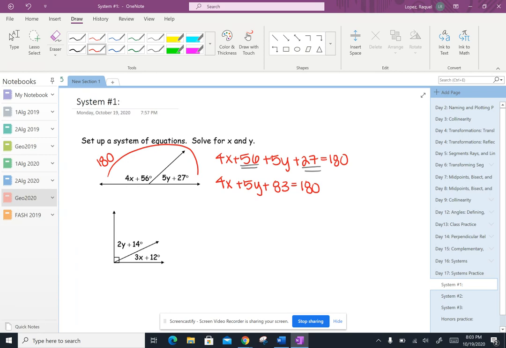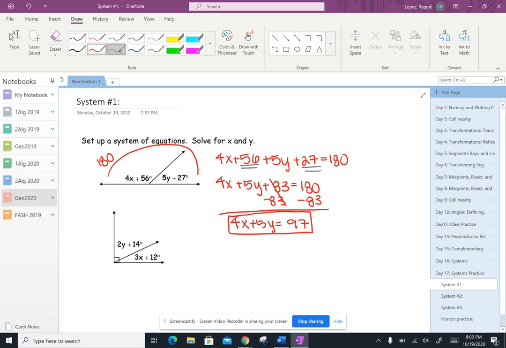So I'm going to move that 83 to the other side. I'm going to get rid of that. So I'm going to subtract 83 on both sides. And so my final equation using that first diagram is 4x plus 5y equals 97. Okay, so here's equation 1.